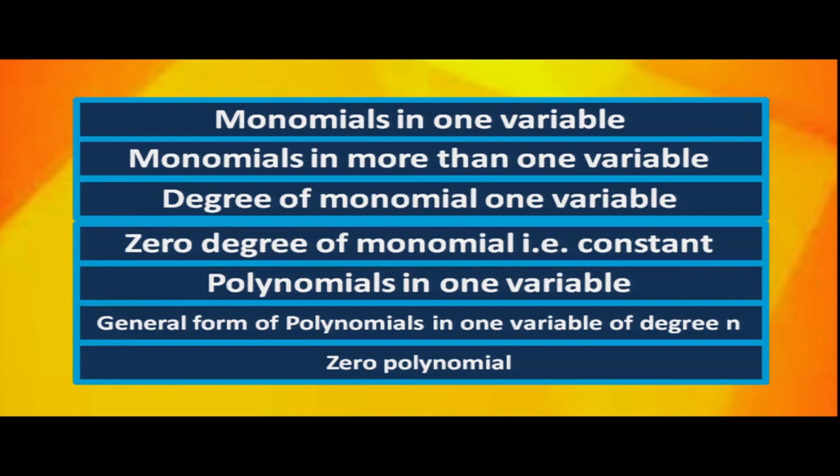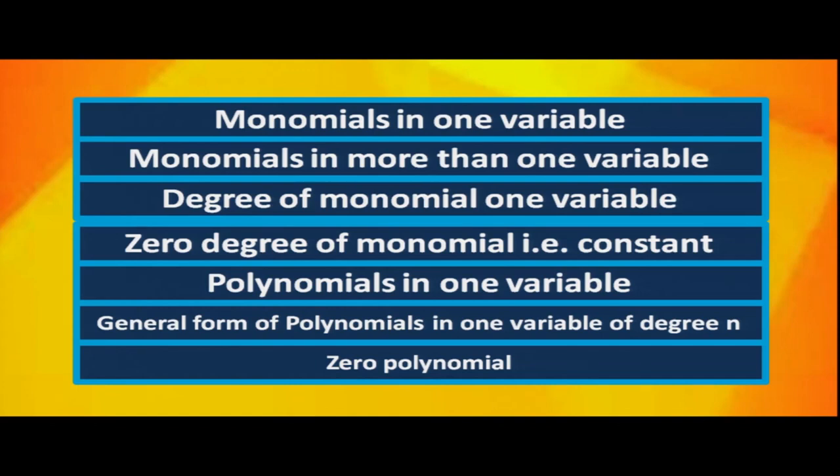Today we discussed monomials in one variable and monomials in more than one variable. The degree of a monomial of one variable; the degree 0 monomial, that is a constant. Constants are monomials of degree 0. Polynomials in one variable: poly means more and nomials means terms.